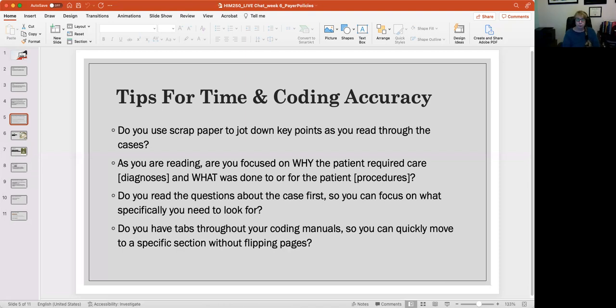So remember that you always want to be time efficient. Now, accuracy is always more important than time, but time is still a factor, okay? Unless you are coding extremely complex cases, your employer is not going to be happy if you're only coding 1 or 2 cases a day.